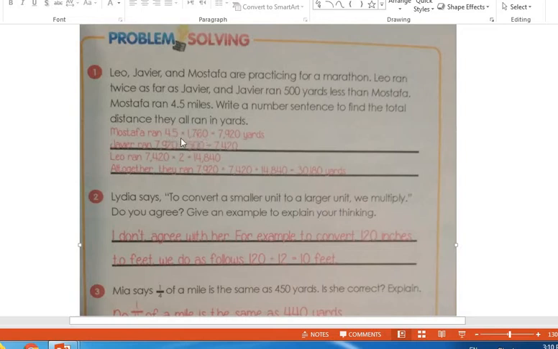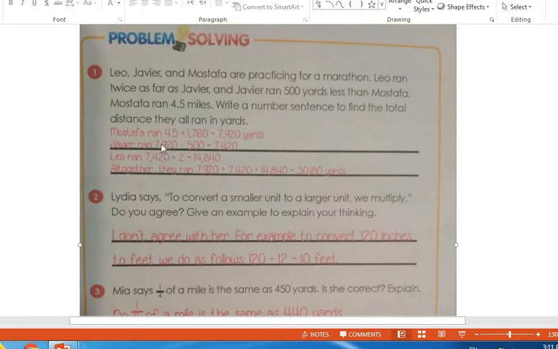So 4.5 times this number will give me 7,920 yards. This is what Mustafa ran. So Javier here ran 500 yards less, and as I told you before, in math less is called minus, difference. So Javier ran 7,920, what is this?